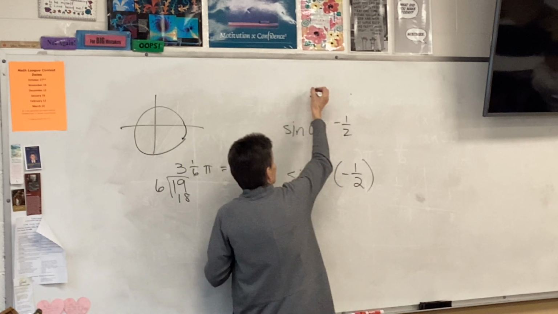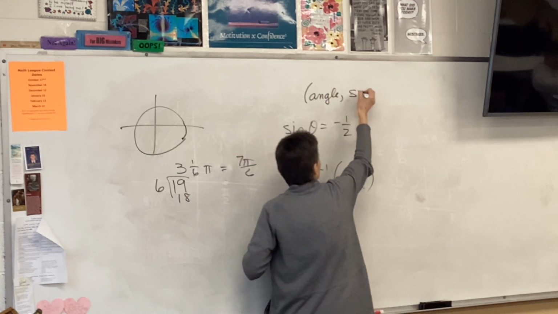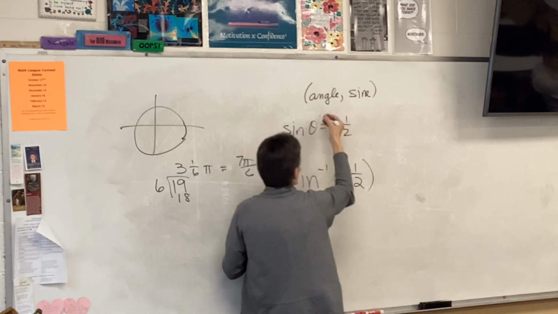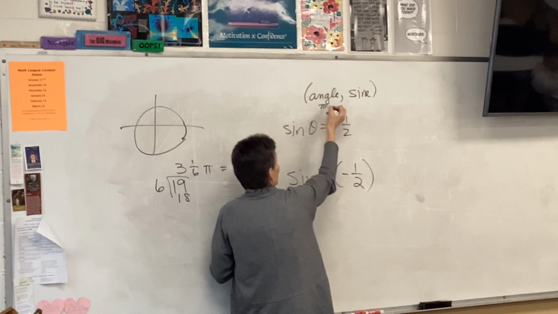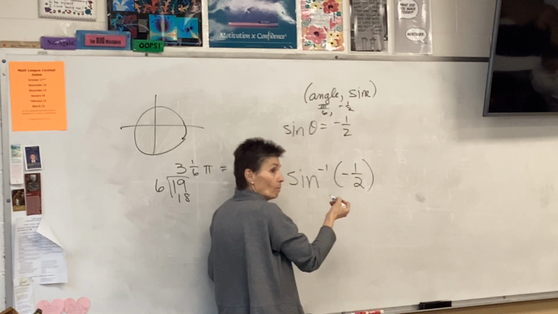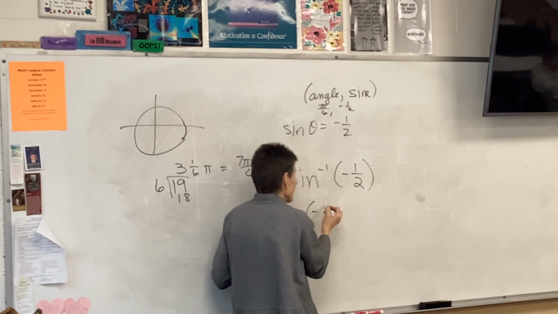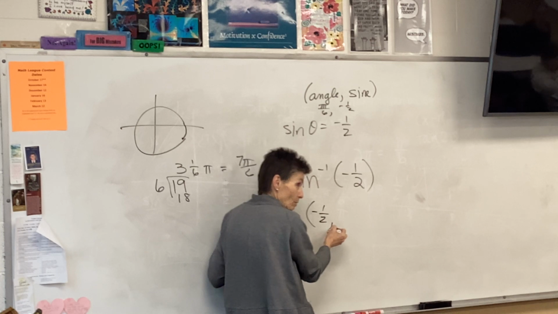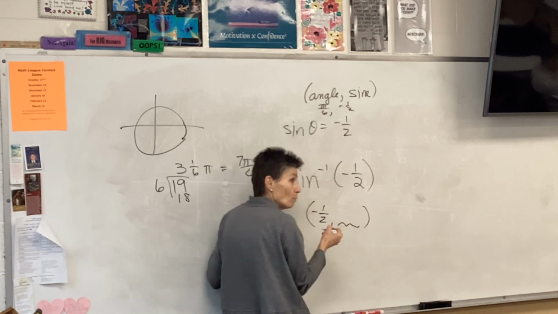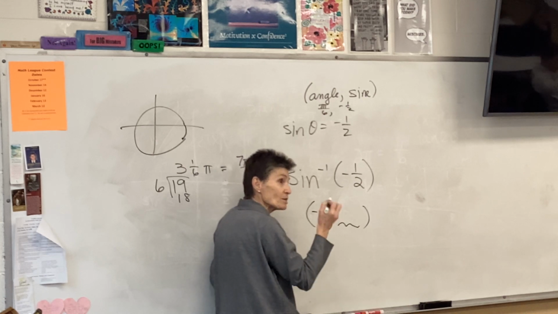So we are now working it backwards. Here, they gave you an angle and you produced a sine value. So when we said 7 pi over 6, you said negative 1/2. Well, what does the inverse do? The inverse gives you the sine value and then you come up with the angle. Well, we just talked about it.